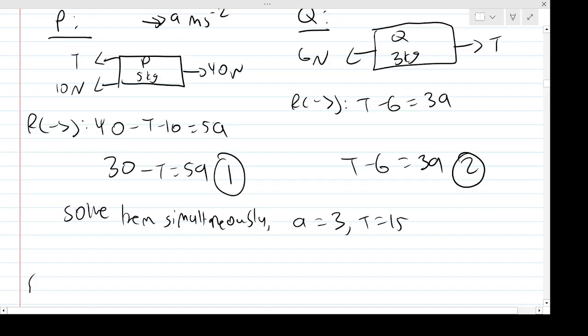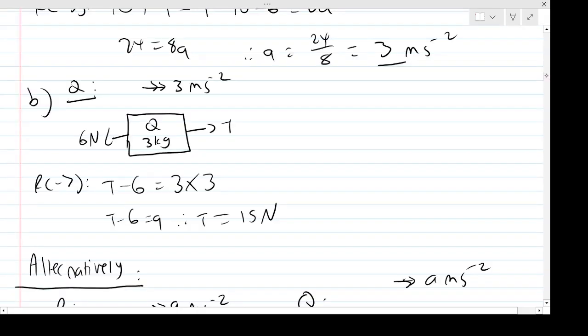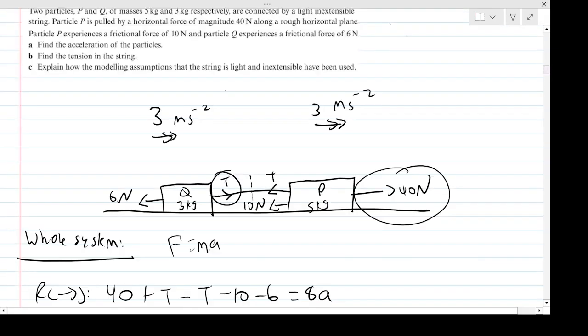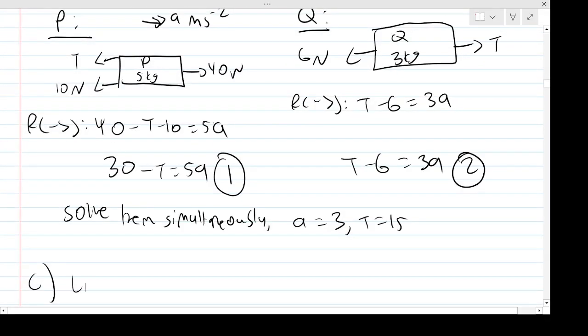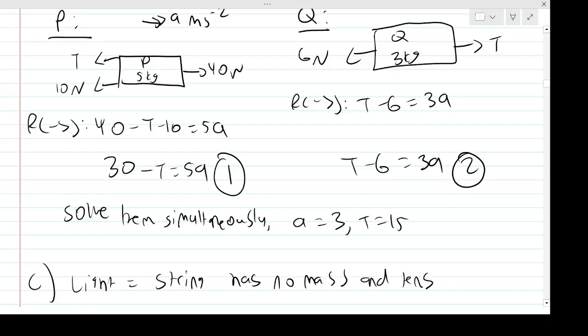Okay, then part C. Part C then, it says, explain how the modelling assumptions that the string, so they've been connecting the two things, is light and inextensible. How has that been used? Well, as we just discussed, light means the string has no mass and tension is the same throughout the string.